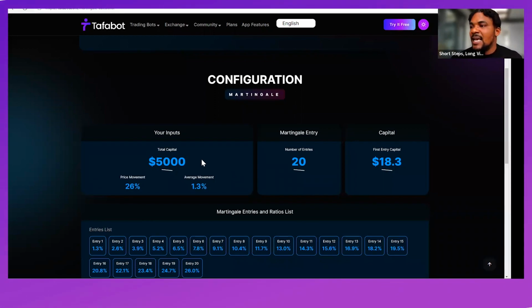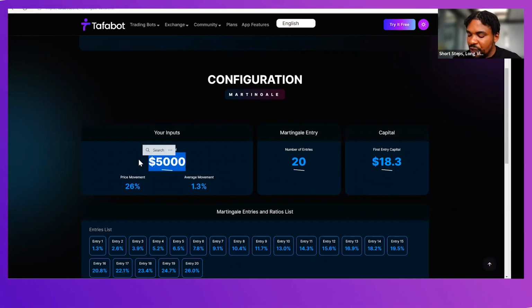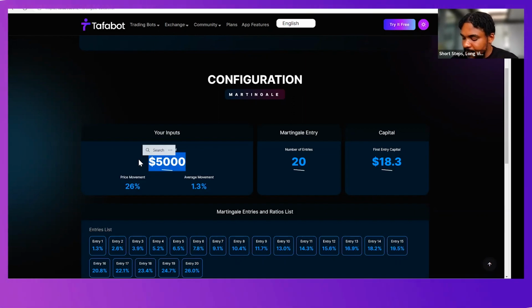Now, what do I mean by that? If you trade $5,000 on a 10x, practically you're trading $5,000 multiplied by 10, which gives you about 50K, right? And that's a whole lot of money if you're leveraging on that.